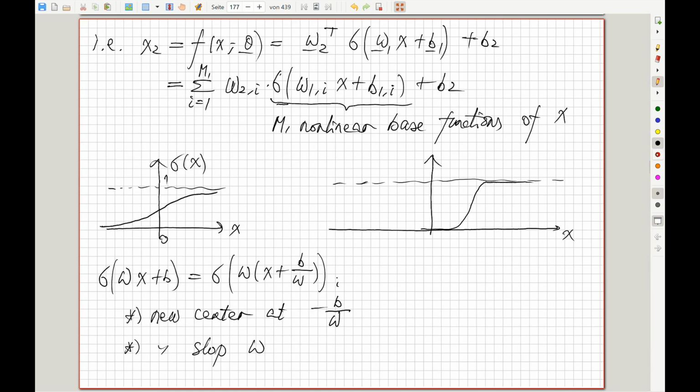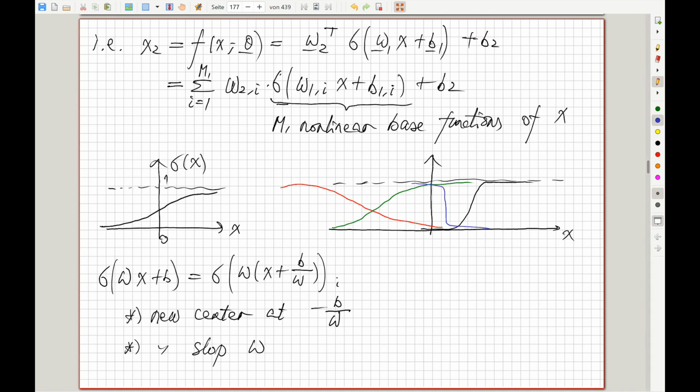For the second neuron, W can be negative with small magnitude, then we have a very flat but left-shifted sigma activation function. And the third activation function looks once again something different. And the fourth activation function once again.